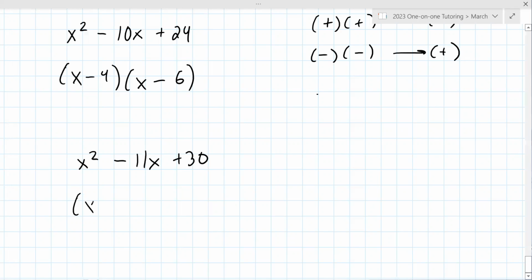X minus 5 and x minus 6. Very good. Very good.